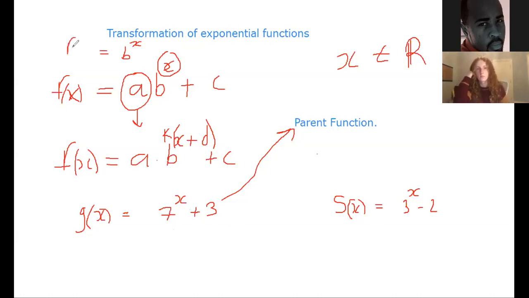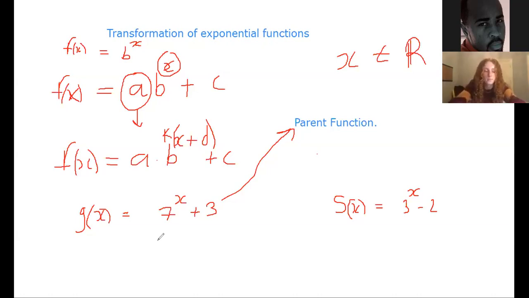Is that clear? Yes. But remember, the base can always change, right? It's just that x remains the same. The exponent x is always there, but in any exponential function, b can be any value it wants to be.